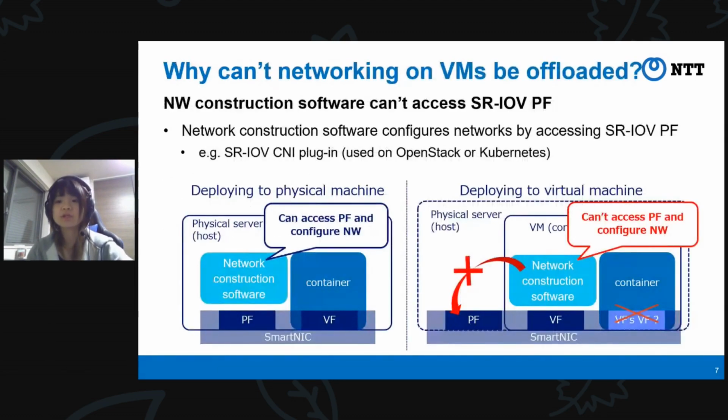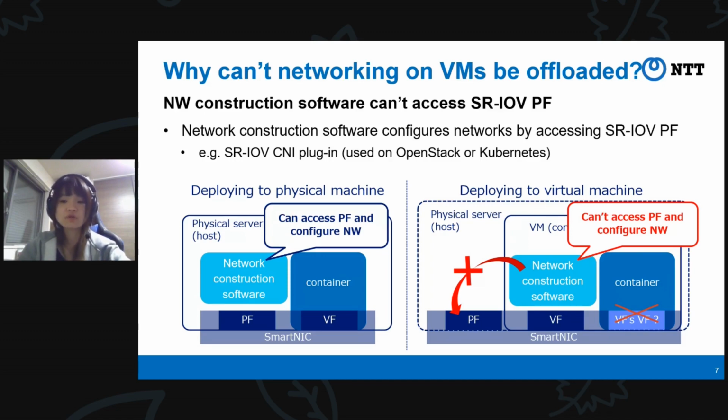Why can't networking on VM be offloaded? Network construction software can't access the SR-IOV physical PF. Network construction software such as SR-IOV CNI plugin configures networks by accessing SR-IOV PF.